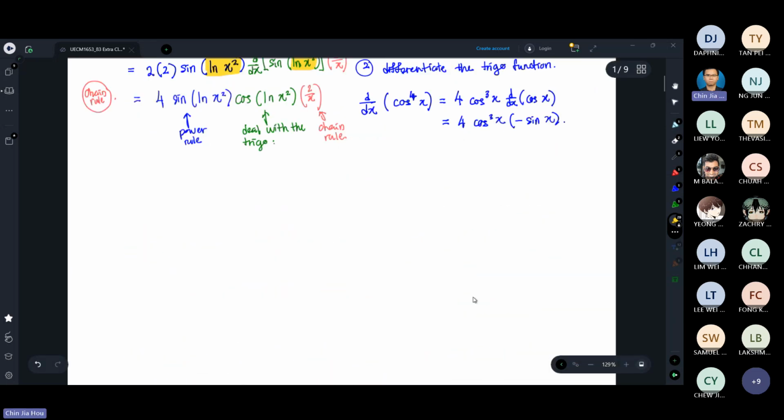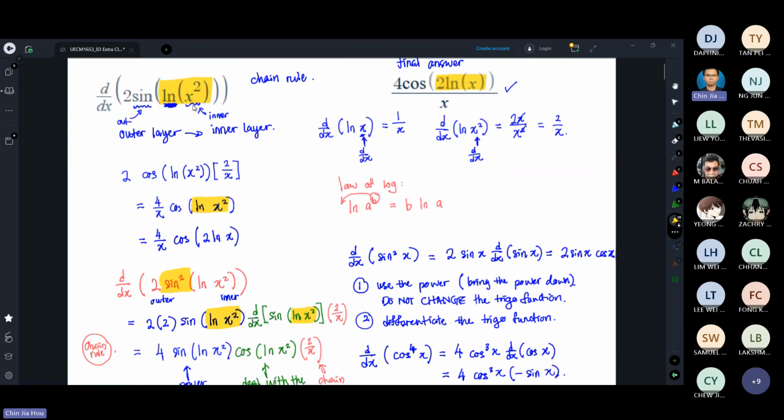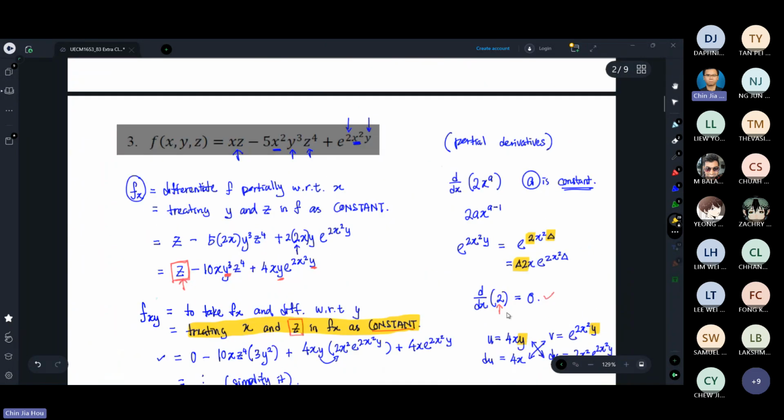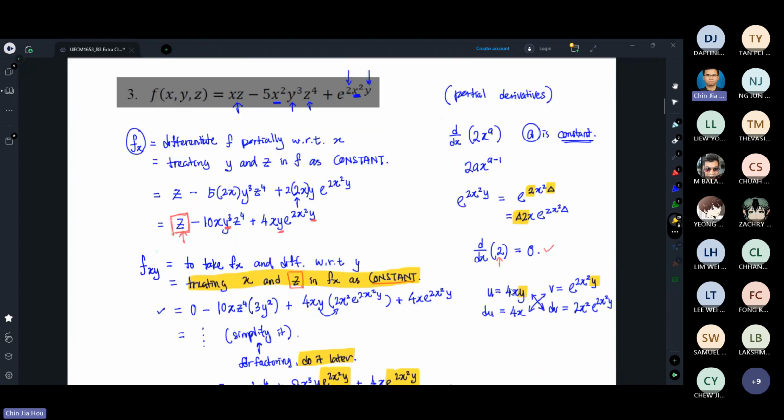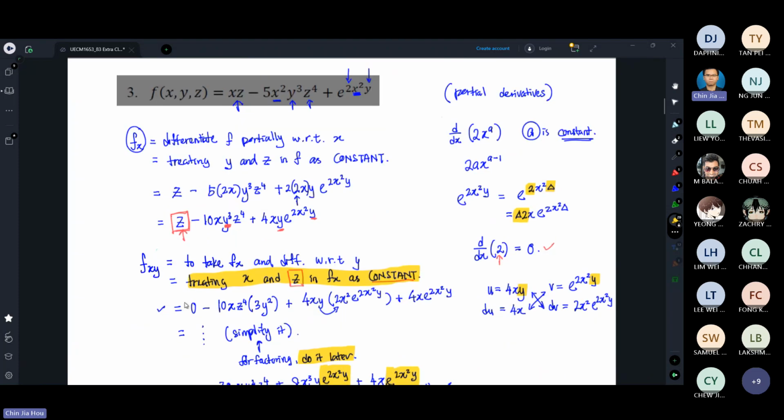If you can handle 2 sine ln x squared, and you know the product rule and quotient rule, you should be able to do partial derivatives very well, provided that you keep in mind treating something as constant. Then everything should be fine.